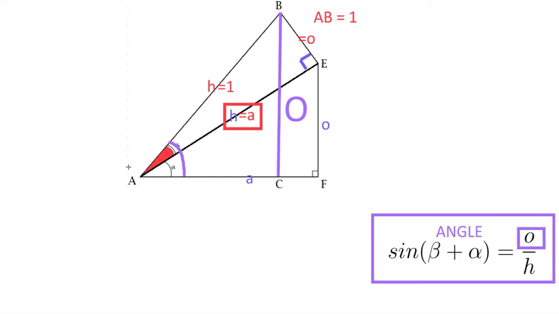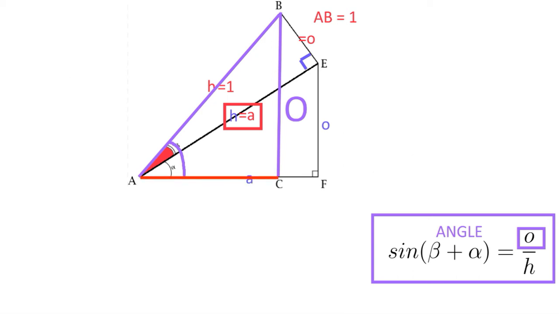So then what is the hypotenuse? The hypotenuse is going to be this here. There's your hypotenuse. If we wanted to discuss adjacent, so for example, if it was cos beta plus alpha, then this would be adjacent, and it would be from A to C.